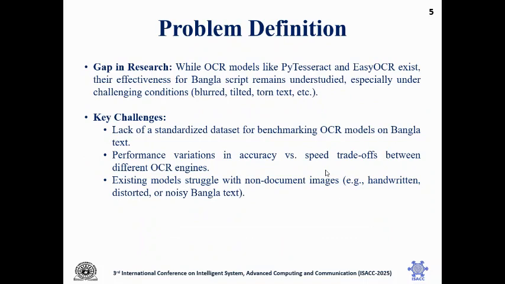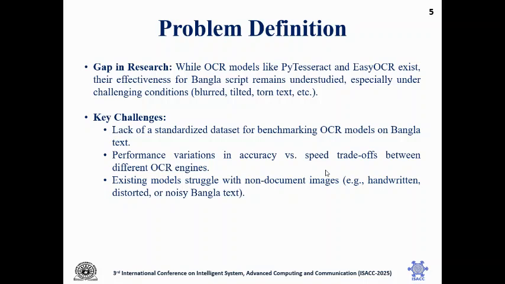We're introducing a novel OCR dataset titled Bangla Crosshair. The challenges that we faced were lack of a standardized dataset, as I mentioned earlier, and there's always the accuracy versus speed trade-offs when it comes to OCR architectures. So different OCR engines provide different accuracy rates and different speeds.